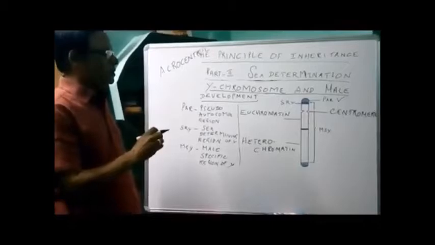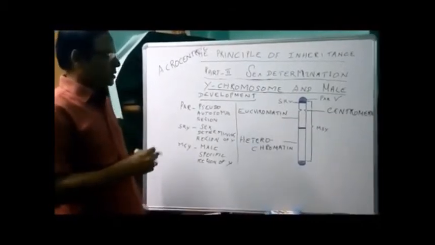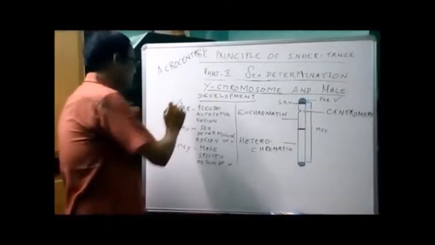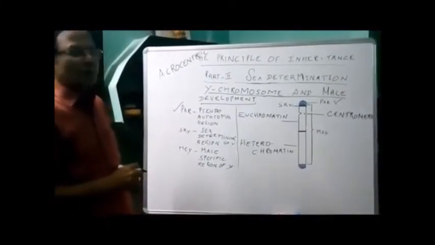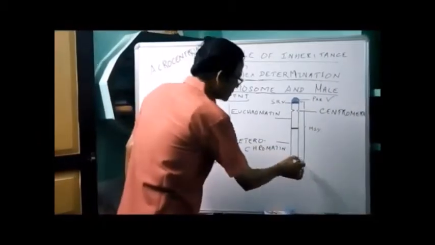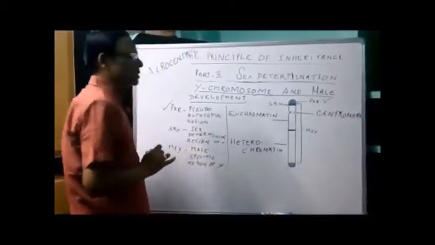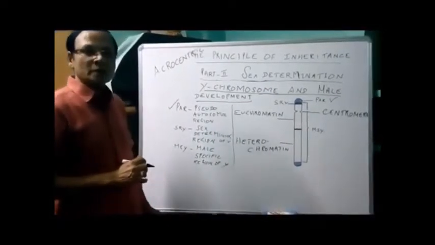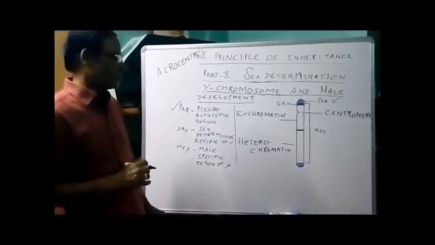But if you go into a detailed study, the Y chromosome has pseudo-autosomal regions, called PAR, present at the tips of the Y chromosome. You see the shaded region, that is the PAR. They are nothing but the homologous counterpart of the X chromosome.